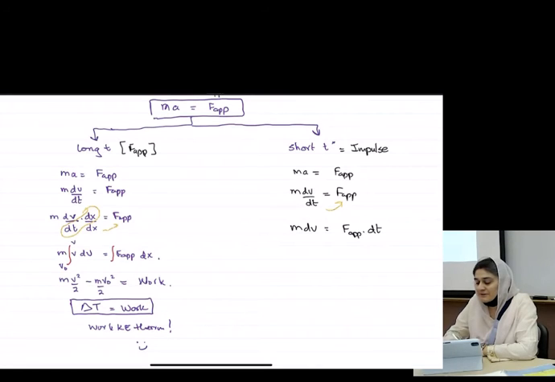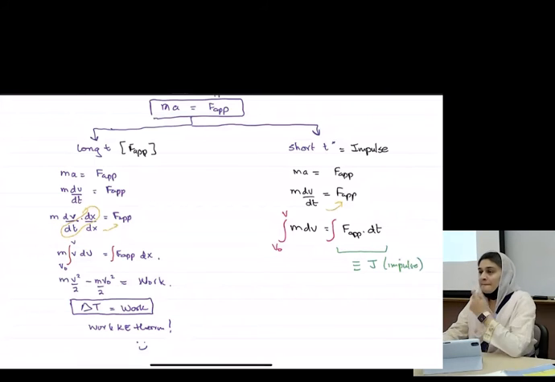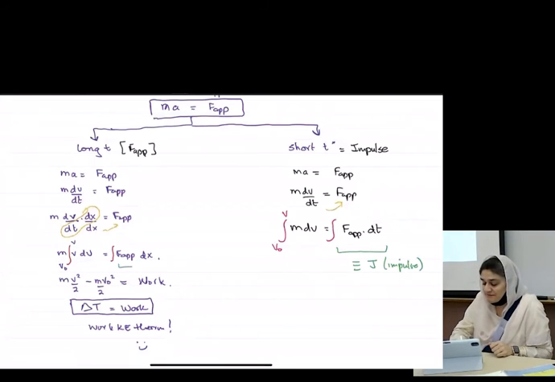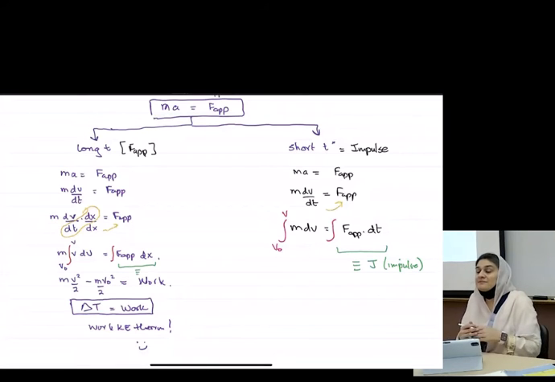Can anyone think what's going to happen next? What's our next step? Always integrate. From what to what? From V0 to some V final. This side is defined as impulse. Just like this side was defined as work, this side is defined as impulse.